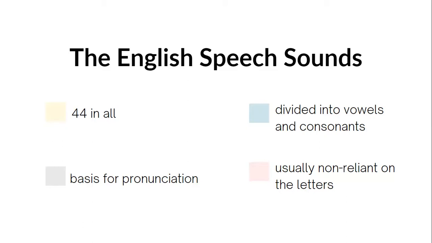If you should try to make use of the letters as a means of pronunciation, you would just mispronounce so many English words. For so many English words, the letters aren't to be relied upon for pronunciation.